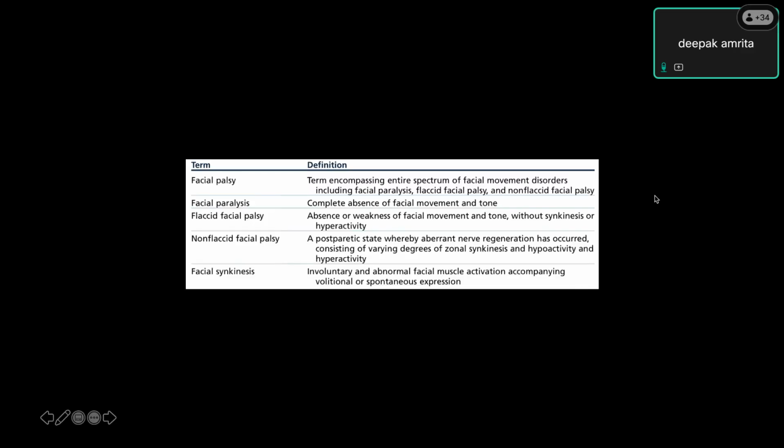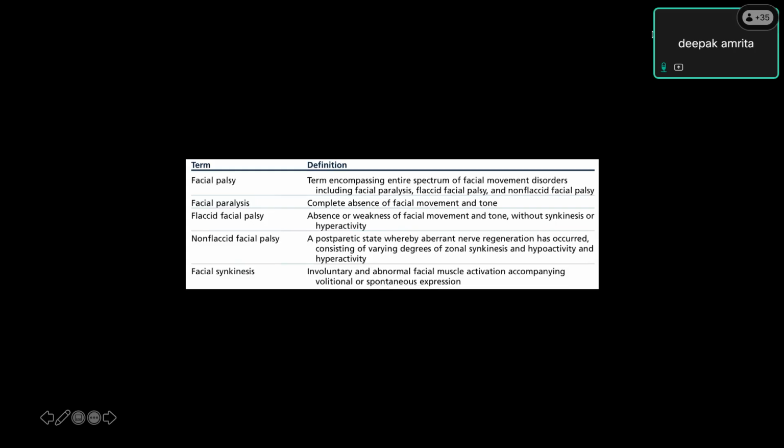Before we go into defining what reanimation is, we have to understand certain terminologies. Facial palsy is the term encompassing the entire spectrum of facial movement disorders. Facial paralysis is complete absence of facial movement and loss of tone of facial muscles.